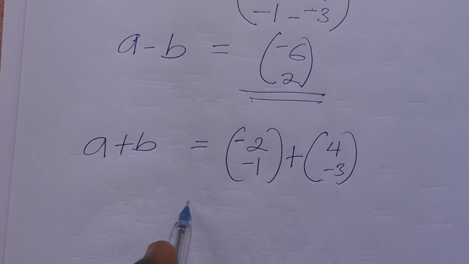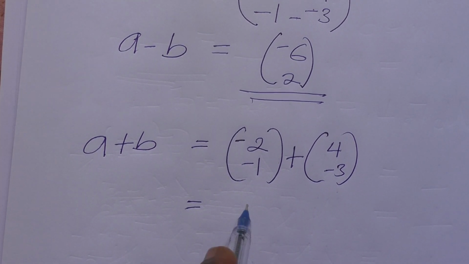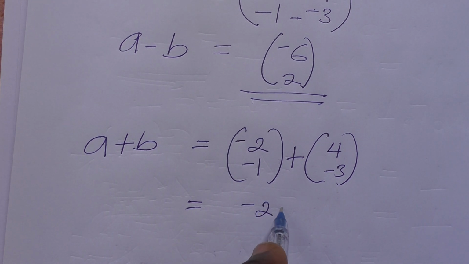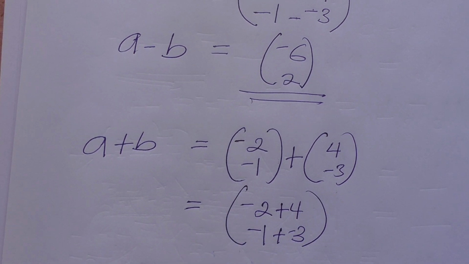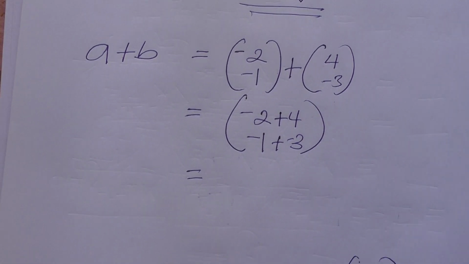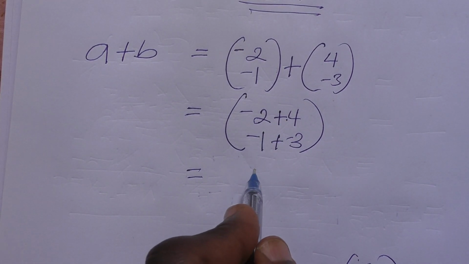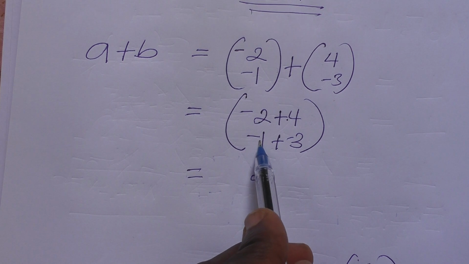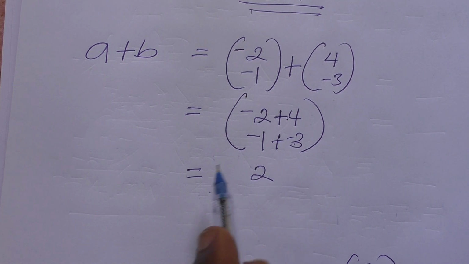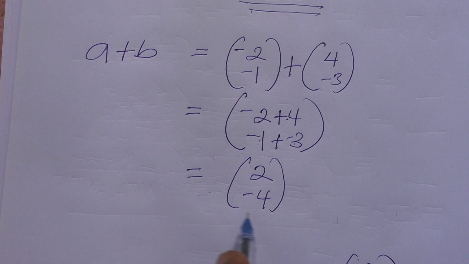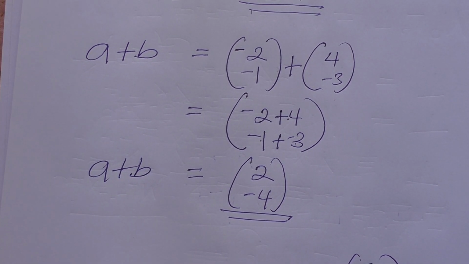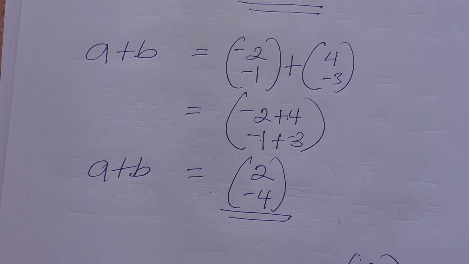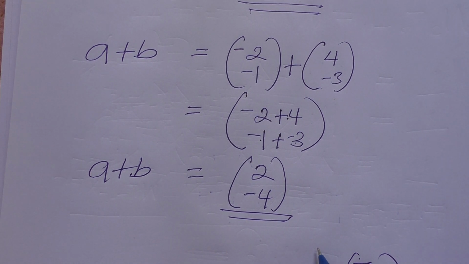And then we shall add corresponding components, that is -2 plus 4 and then -1 plus -3, which gives us -2 plus 4 is +2, -1 plus -3 is -4. So that gives us A plus B. That is how we add or subtract vectors.